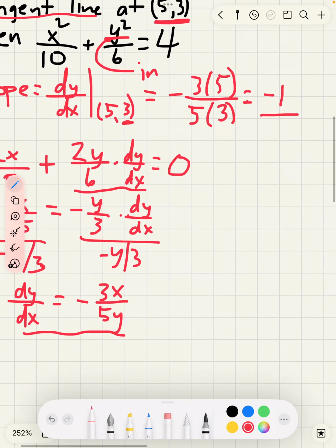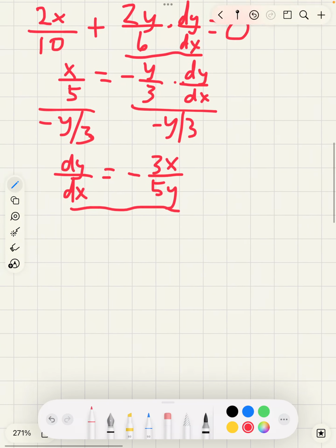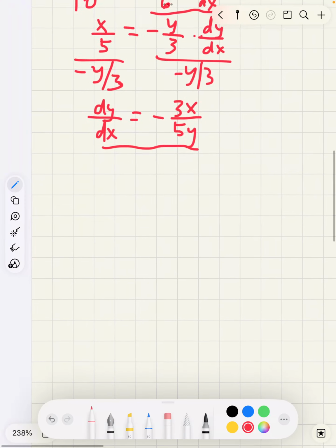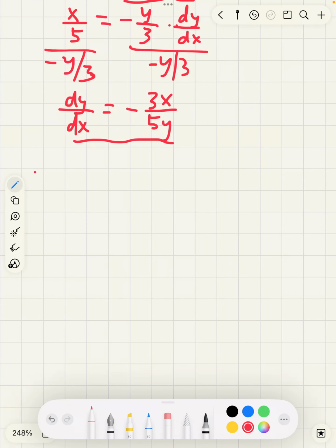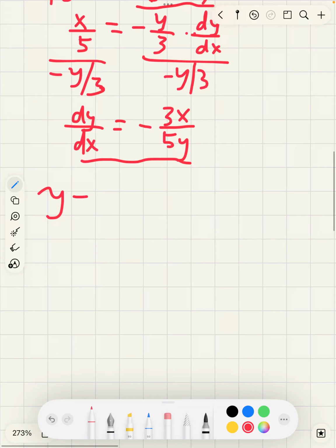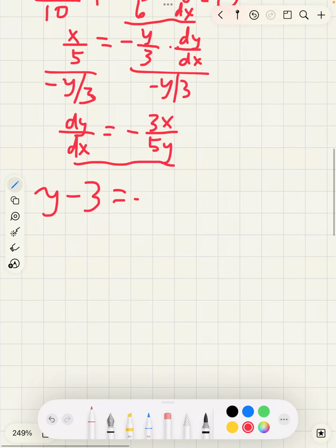Now to go on and write the equation for the tangent line, I can use my point slope form. So you remember your point slope form is y minus the y coordinate. The y coordinate in this case was 3, is equal to the slope, which we just calculated as negative 1, multiplied by x minus the x coordinate, and the x coordinate they gave us was 5.